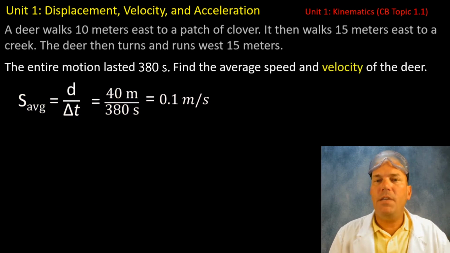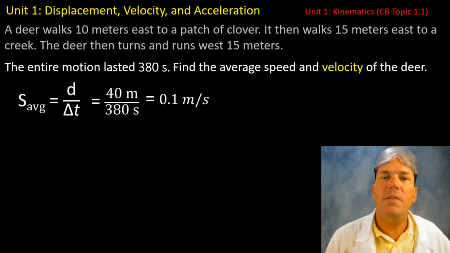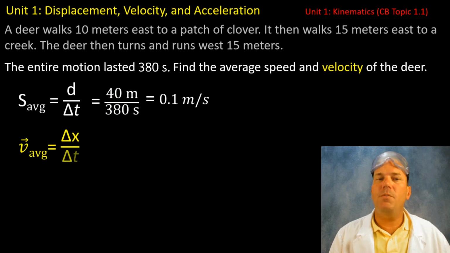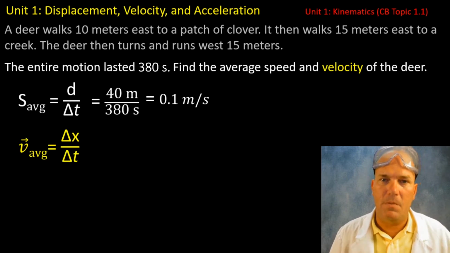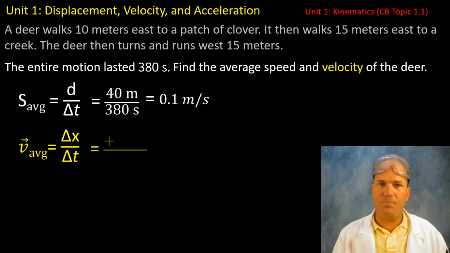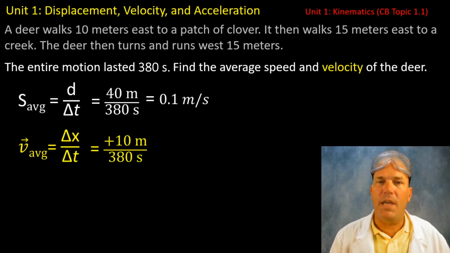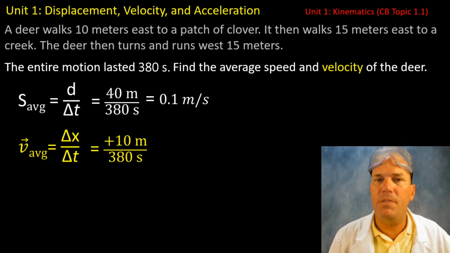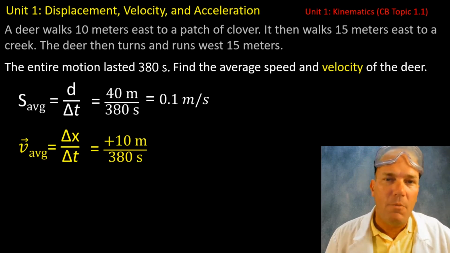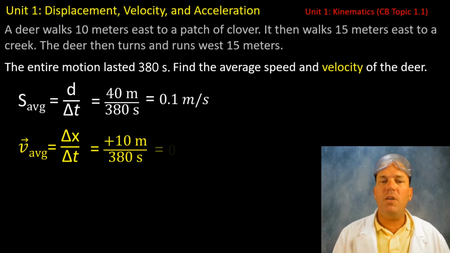Now, let's compare that to the deer's average velocity, which we also calculated in the previous example, which is a change in position over a change in time. We know it's change in position or displacement. We know the amount of time it took.